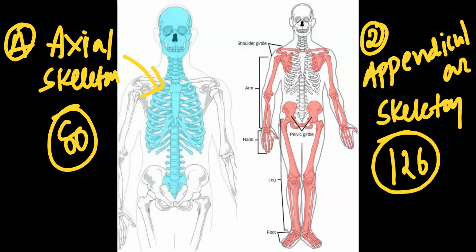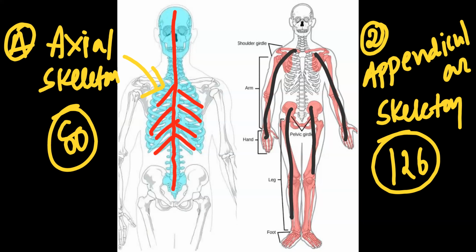Another thing: those bones or the part of the endoskeleton which is in the central axis of the body constitute the axial skeleton. And the second part is the rest of the bones, other than the central axis.